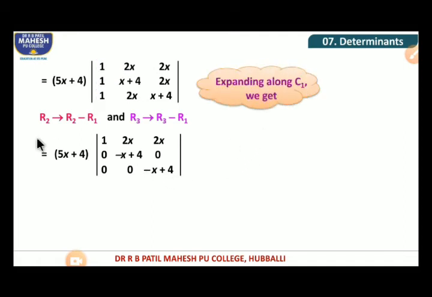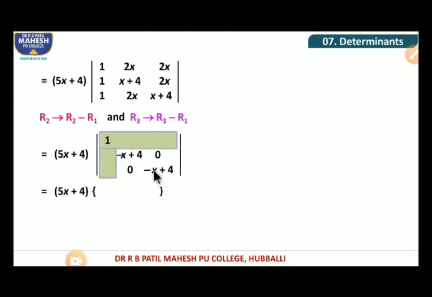Now we can expand along C1 because C1 has 2 zeros. So 5x plus 4 into the expansion of this determinant is 5x plus 4 into 1.